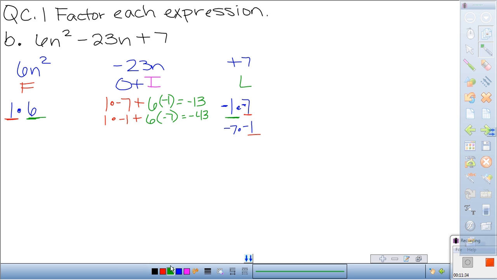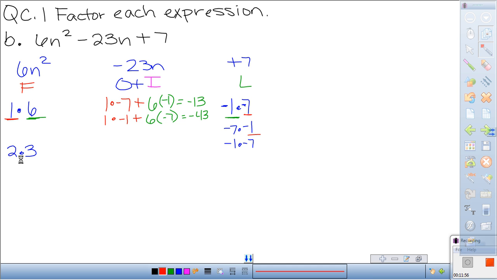So now let's try another 2 factors of 6, because we've already exhausted 1 times 6 with all our factors of 7. So now we'll try 2 times 3, and we'll start with negative 1 times negative 7, and then we'll also try it with negative 7 times negative 1.